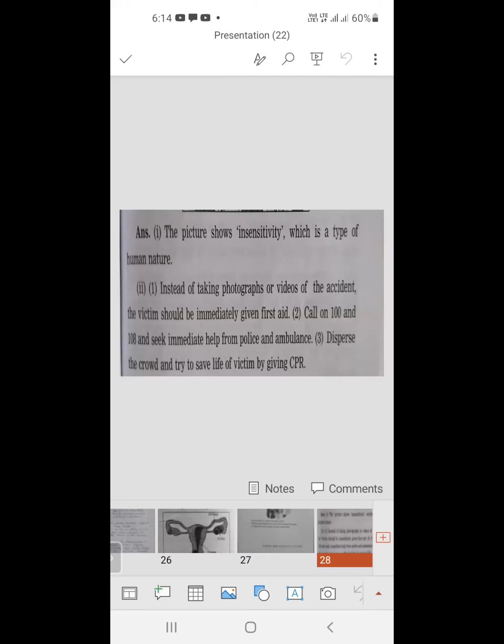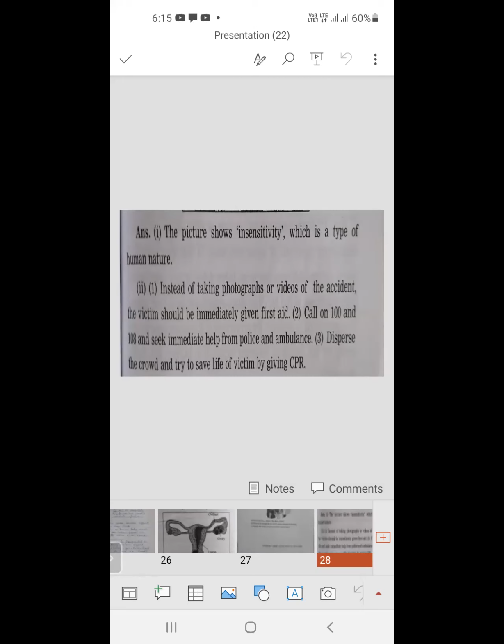Second, call number 100 and 108, and seek immediate help from police and ambulance. This must be done wherever you see accidents or any disaster. You have to call first the number 100 or 108 for the ambulance. The third point: disperse the crowd and try to save the life of the victim by giving CPR.